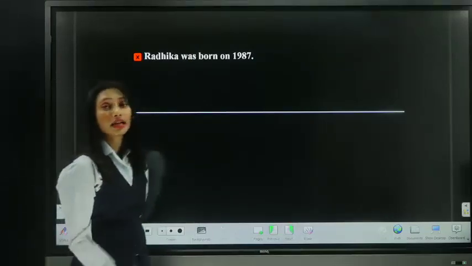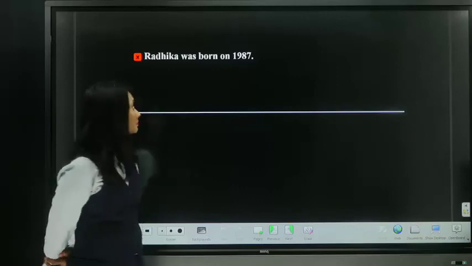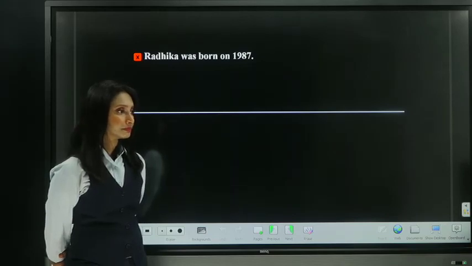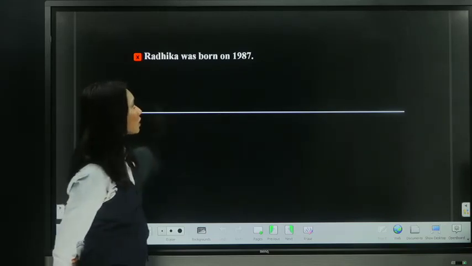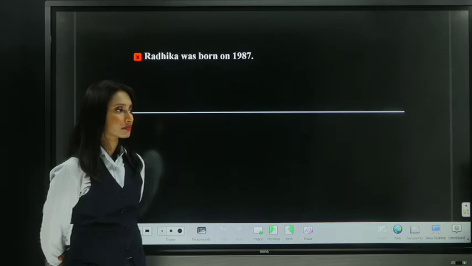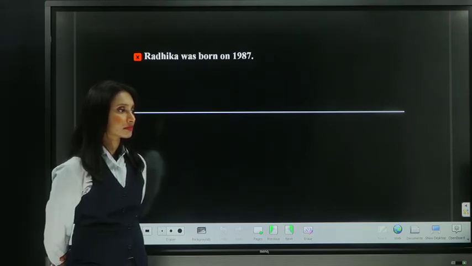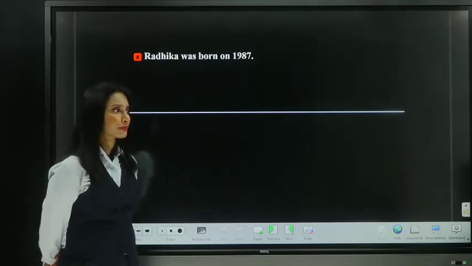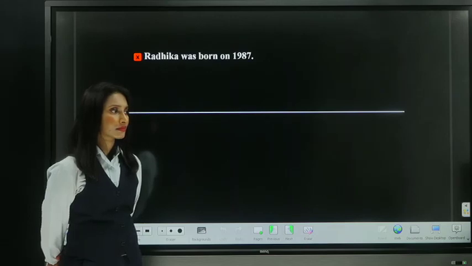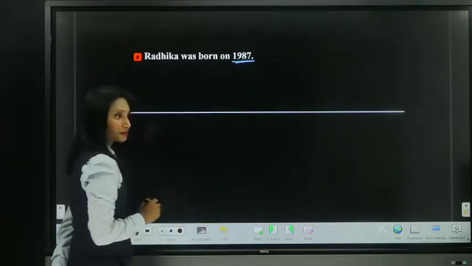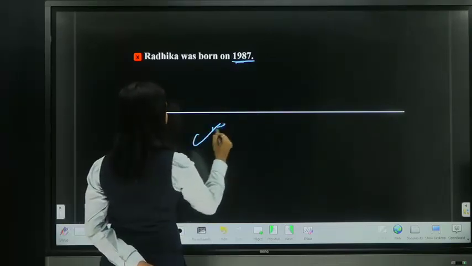Radhika was born on 1987. So try to answer this one. 1987 is a year.